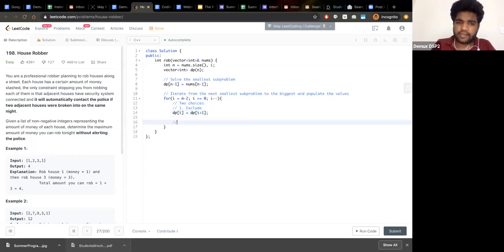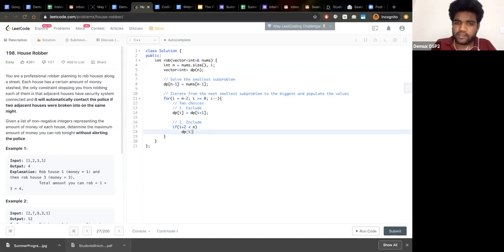And the second is if I include it. I will take this case, that if I plus 2 is less than n, then only I will do that.